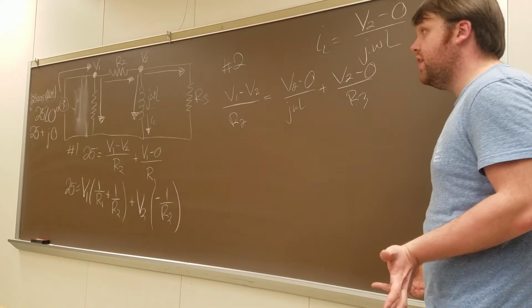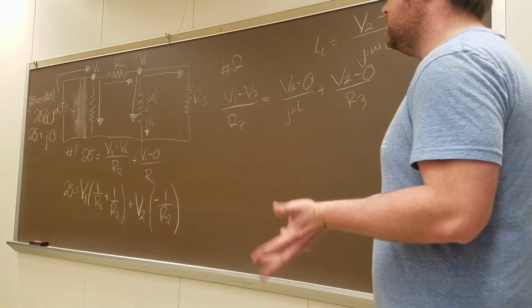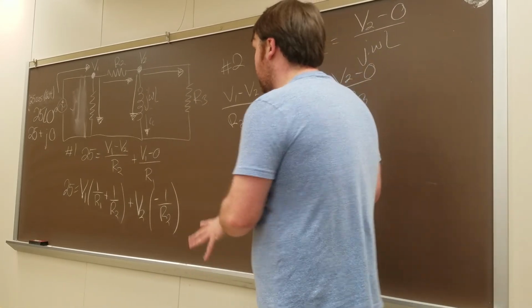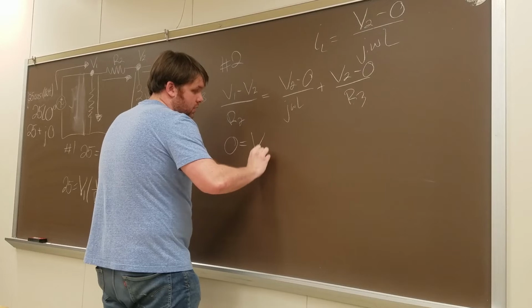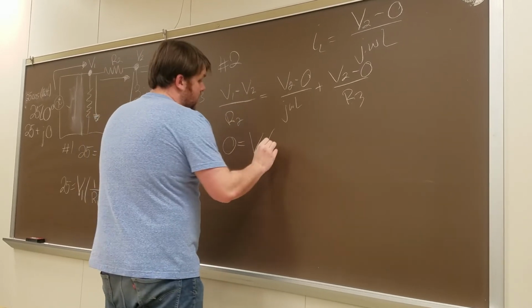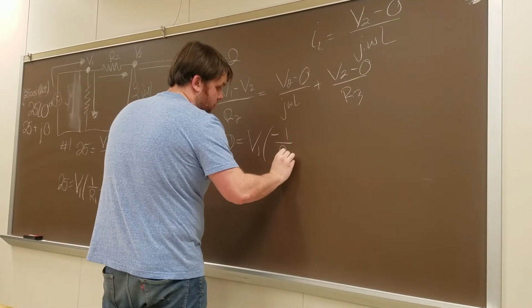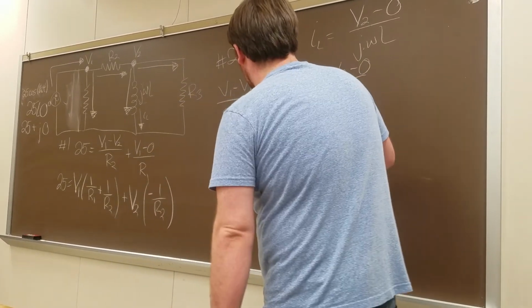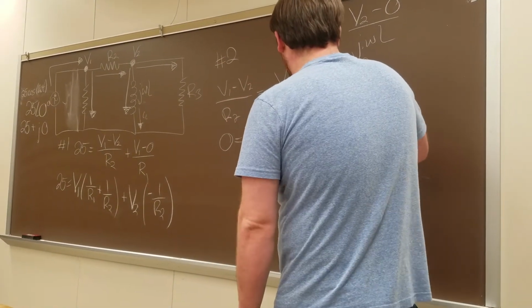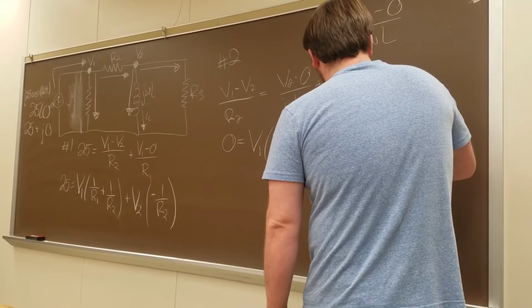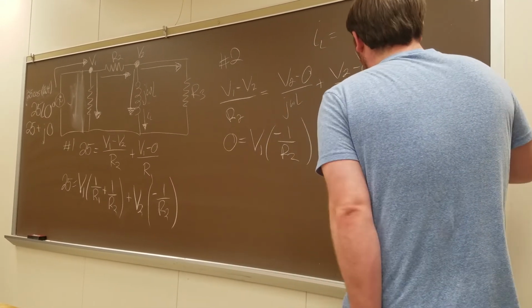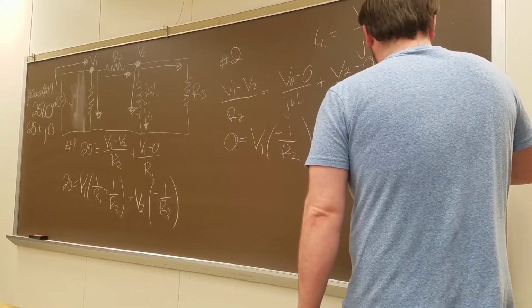I'm going to rearrange the equations. And this time I'm going to have 0 is equal to V1 times the quantity negative 1 over R2 plus V2 times 1 over j omega L plus 1 over R3.